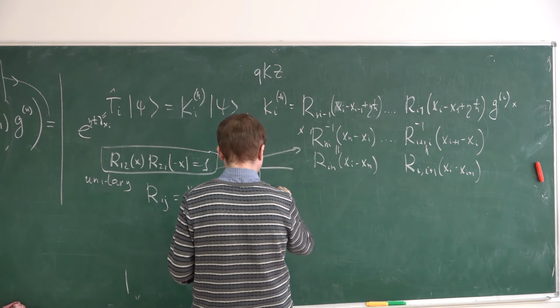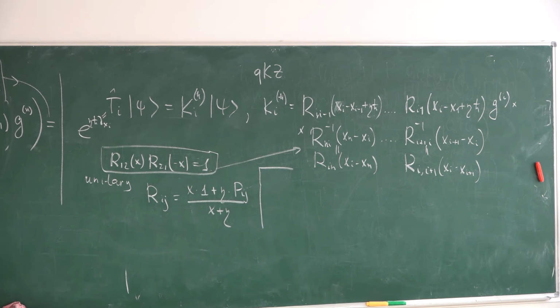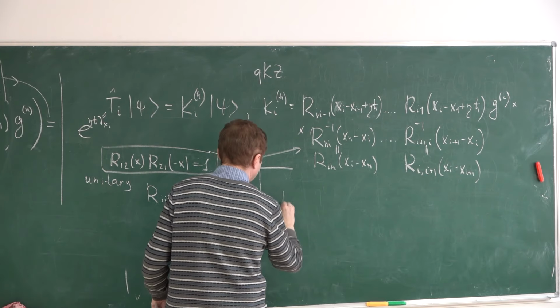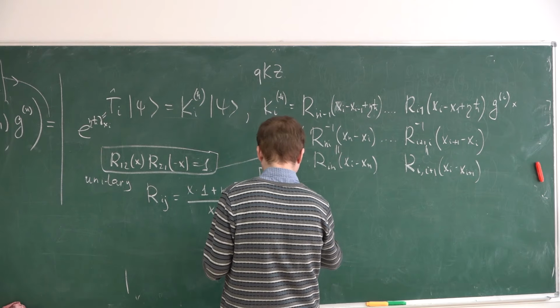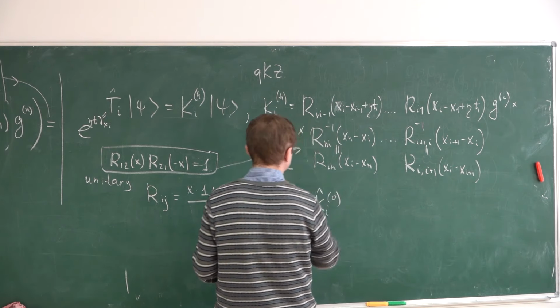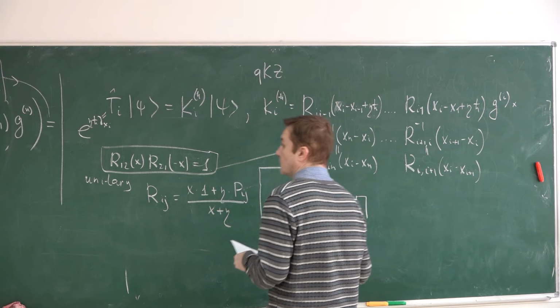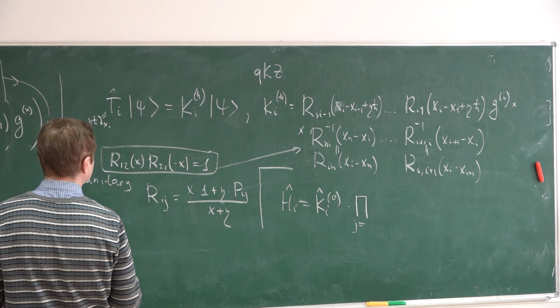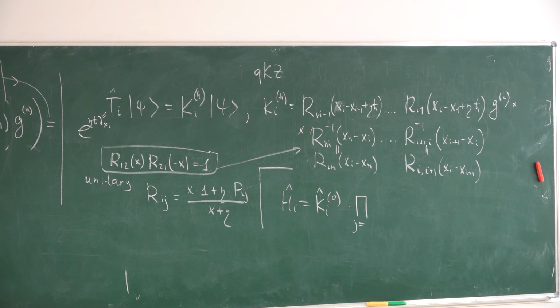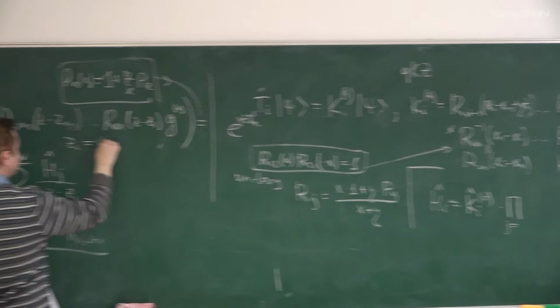this result. I want to say that the quantum Hamiltonians of these spin chains Hi are equal to Ki of 0 multiplied by the product of R matrices of x. I should write the same variables everywhere, so let me write all x's everywhere; zi is identified with xi.